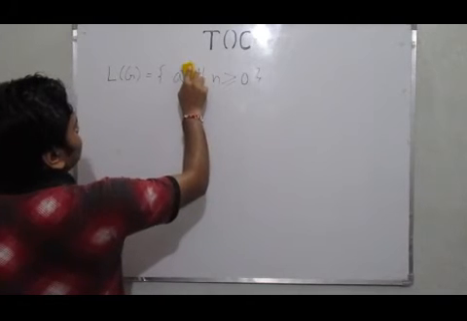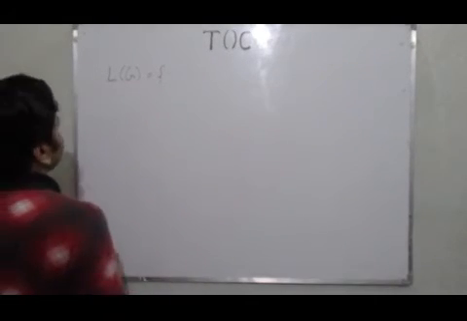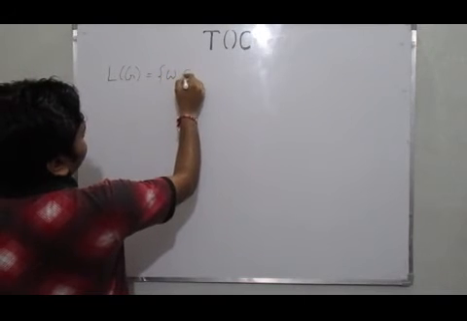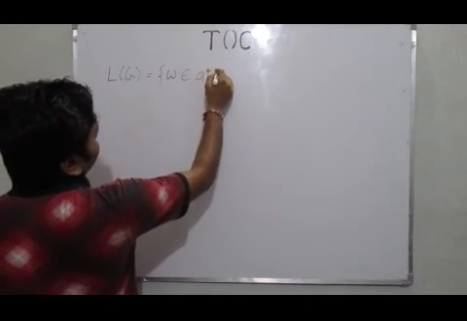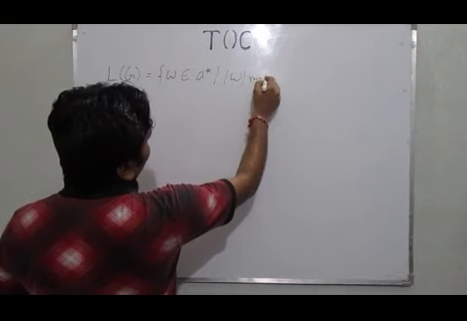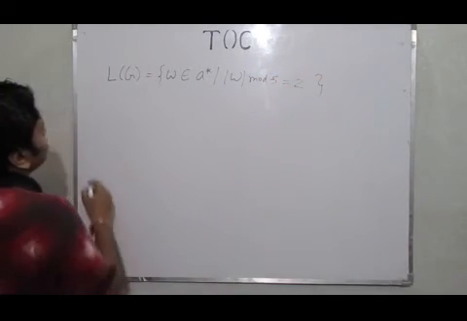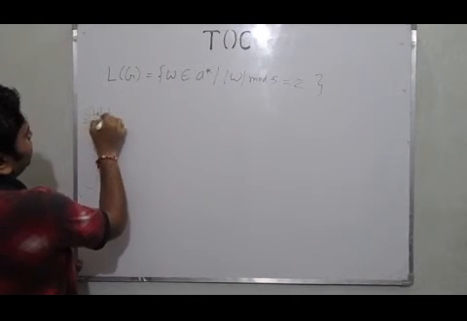Suppose this time I have a language of W which belongs to A star, and the length of W, mod 5, is 2. So what is the meaning of this? Step number 1 is to simplify this language.